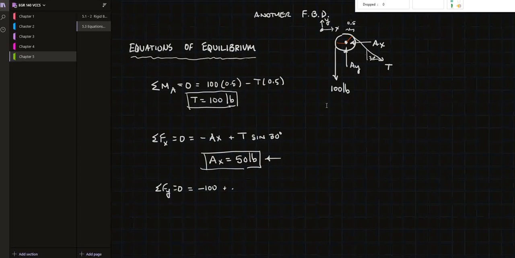But AY is positive. AY, and this component here will be negative, minus T cosine 30. So AY turns out to be 187 pounds. And that's our answers.